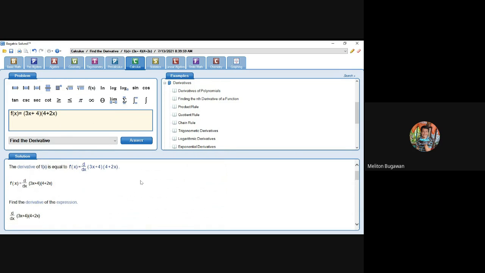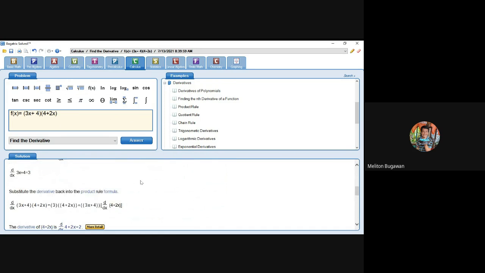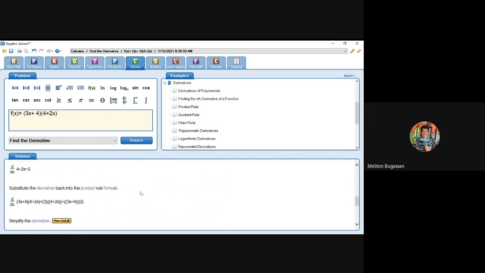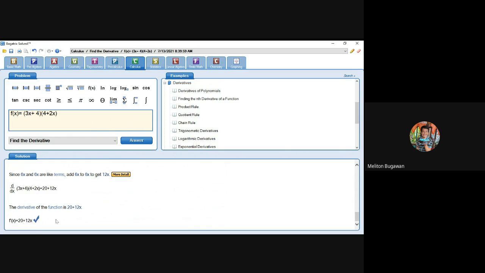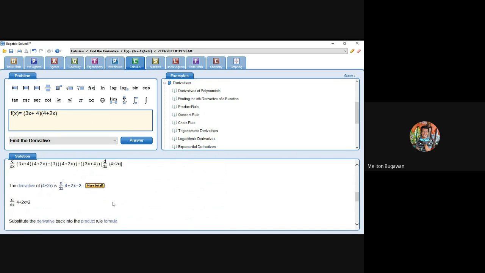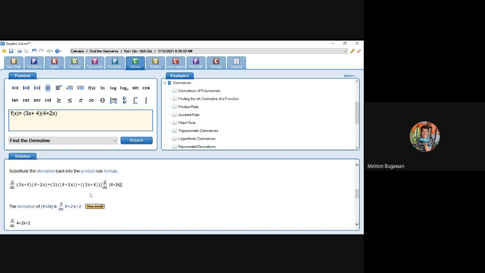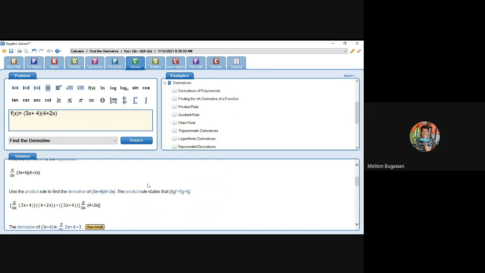Then we have the detailed solution, and the derivative of the given function is equal to 20 plus 12x. As you notice, the software gives you the complete details here. It also reminds you with regards to the formula of the product rule.